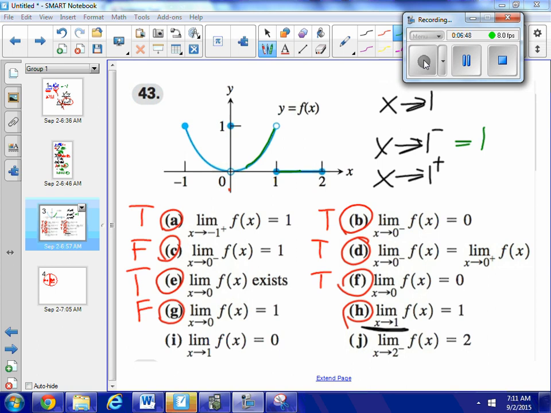It looks like my limit is 0. So my negative side limit, which is my left-hand limit, and my positive side limit, which is my right-hand limit, are not equal to one another. So H, the limit as x approaches 1, does not exist. DNE. So H is false.